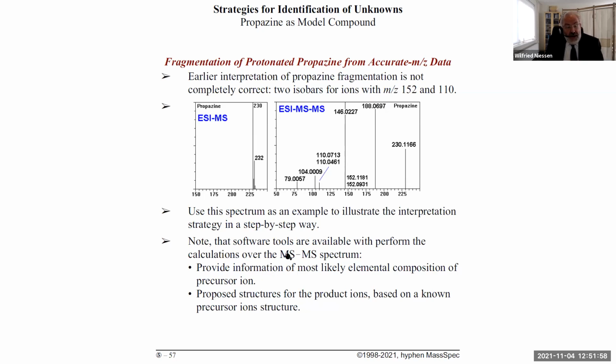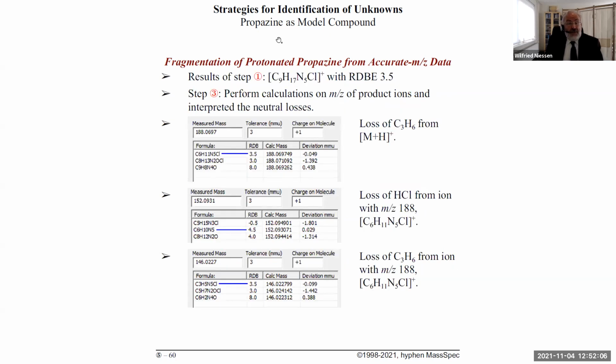The next thing I will do is start looking at some of the product ions which are there. So if I take the product ion 188, I do elemental composition calculations for the 188, and I have to find something which fits within the elemental composition of the precursor ion.